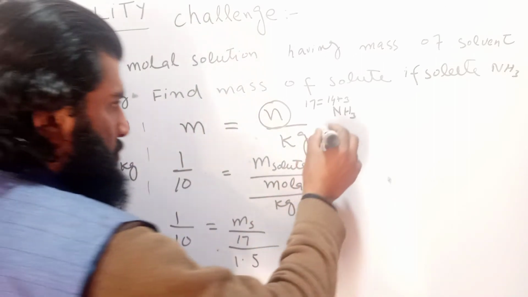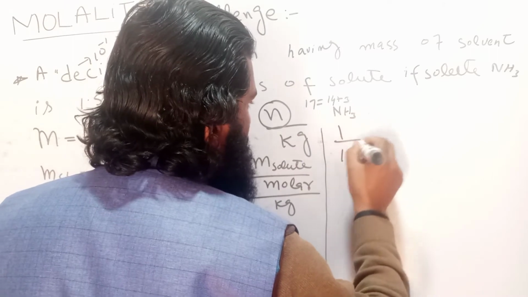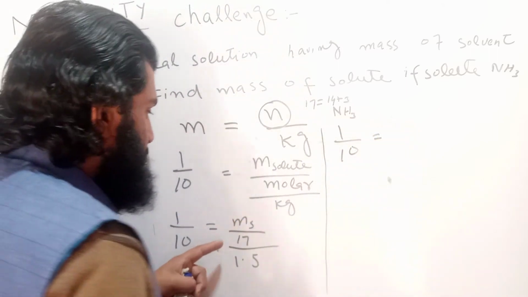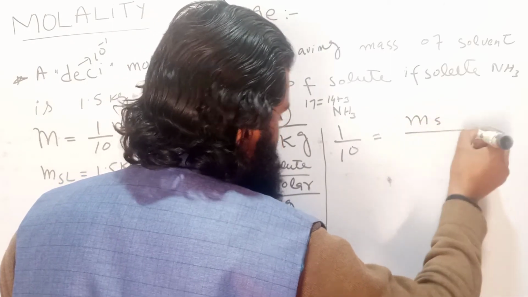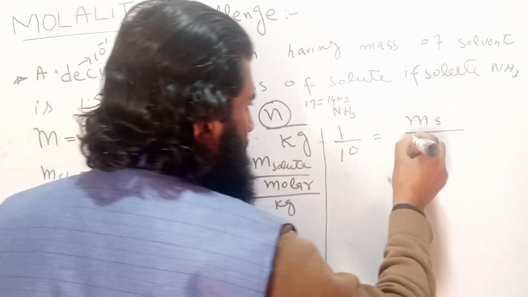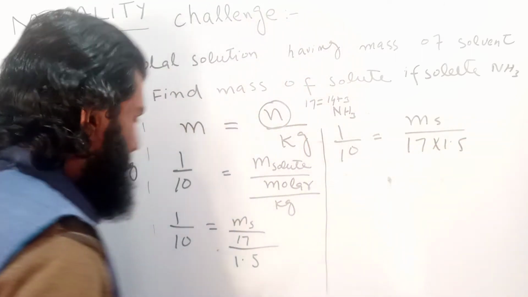Clear? So see here, 1/10 molal solution, we can write it as mass of solute divided by 17 multiplied by 1.5. Clear?